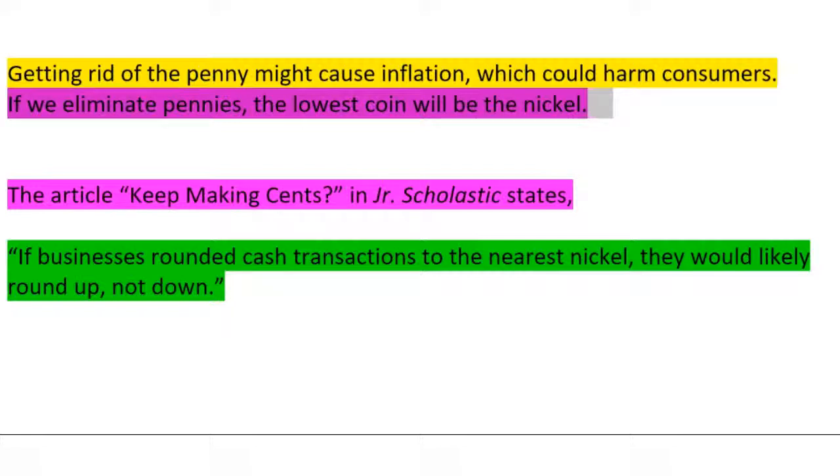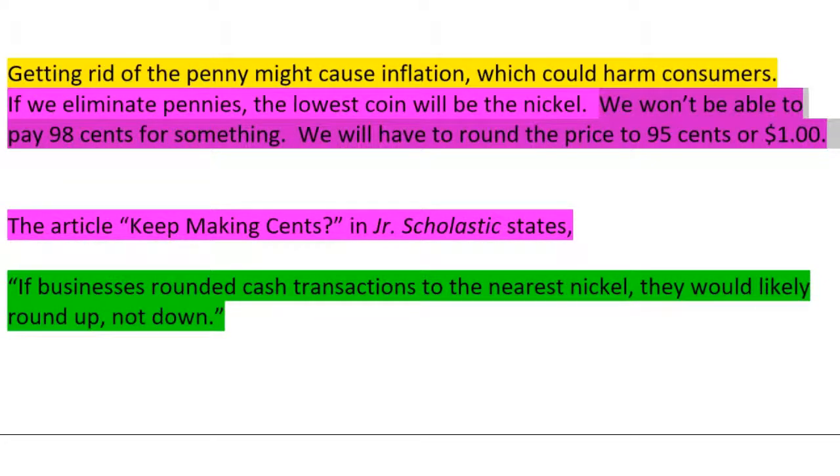For example, if we had a 98-cent item, we could either pay 95 cents or $1, but we wouldn't have the pennies to make the 3 cents between 95 and $1. So we won't be able to pay 98 cents for something. We'll have to round the price to 95 cents or $1. Now we know why we're talking about rounding, and then our evidence is that businesses are likely to round up, not down.